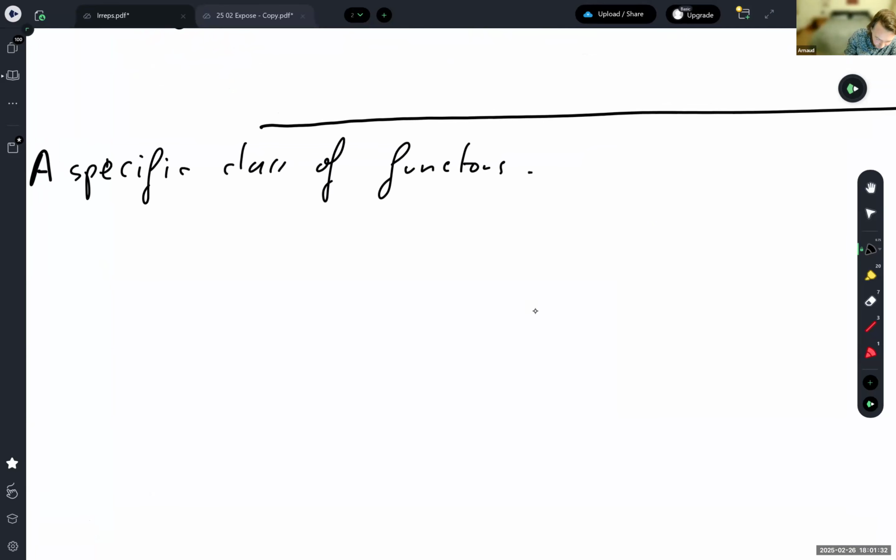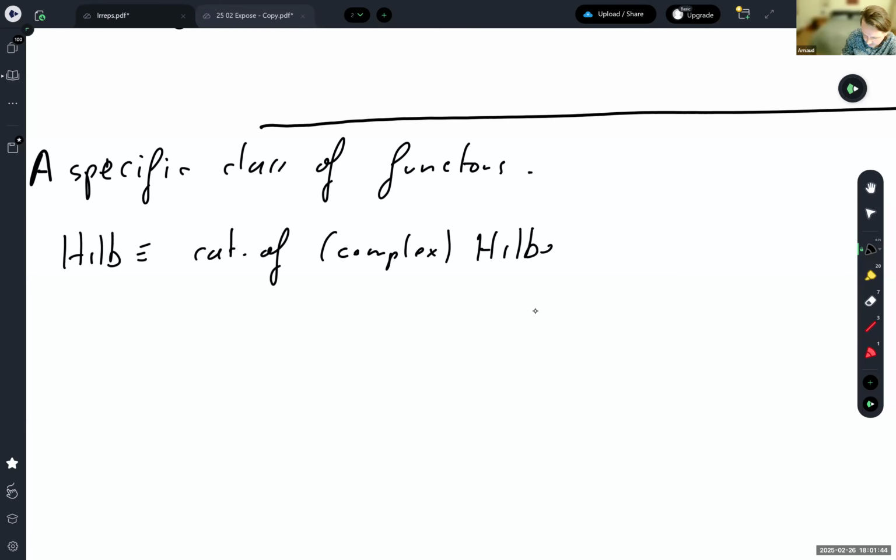Okay, so what I'm going to take is Hilbert, the category of complex Hilbert spaces, and morphisms are linear isometries.